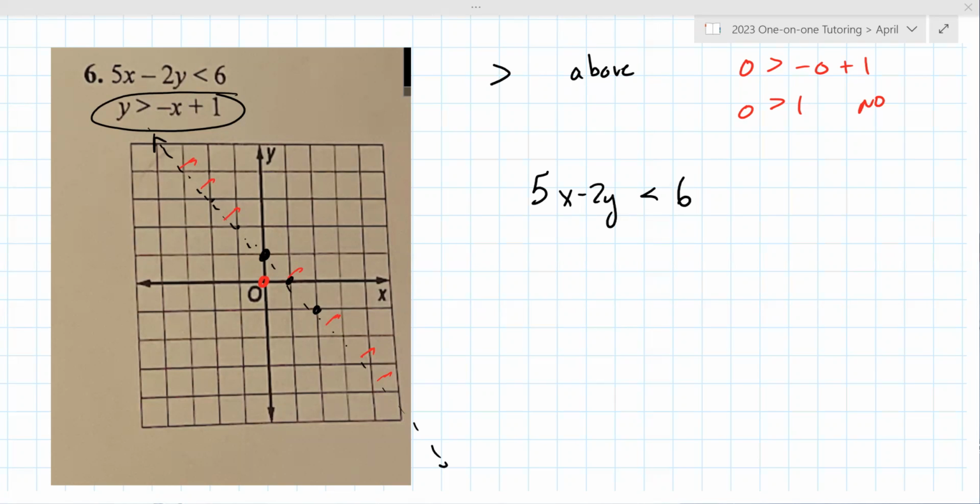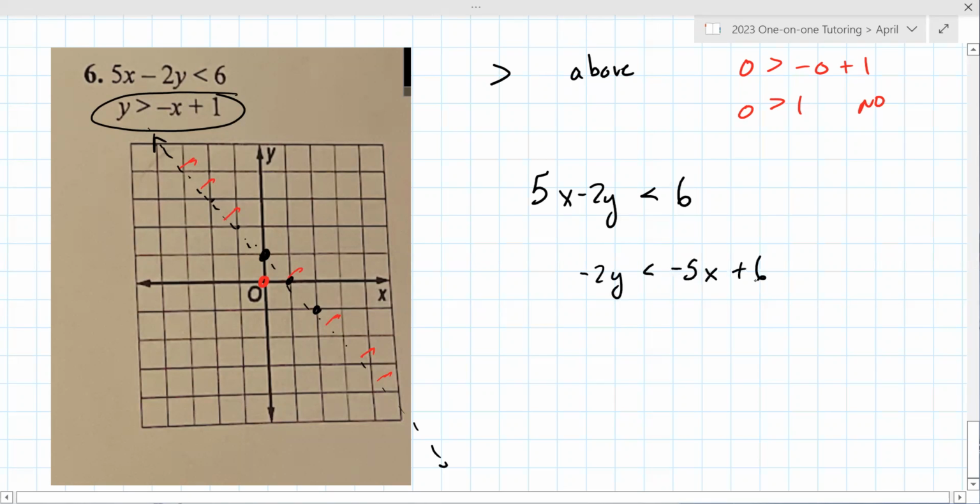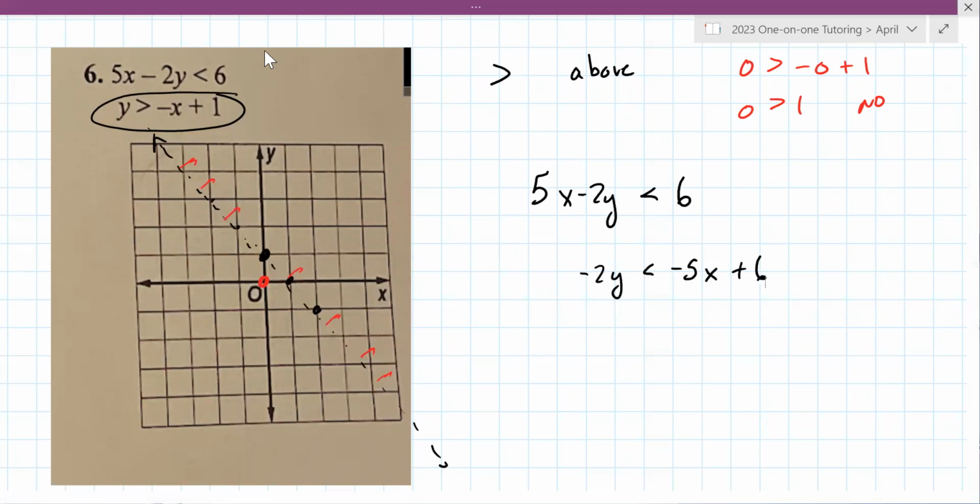I have a question. So I did minus 5x, got it to the other side. Okay, so it should look something like this. Now, what should I divide the -2 by? The 6? Your focus is on the side with the variable.